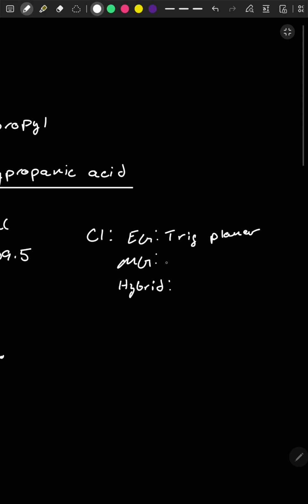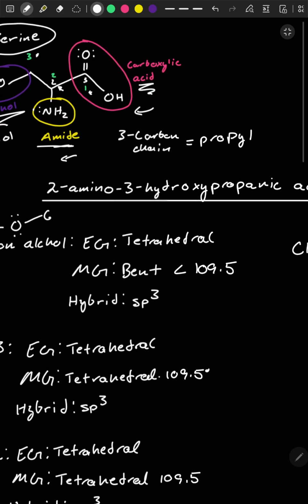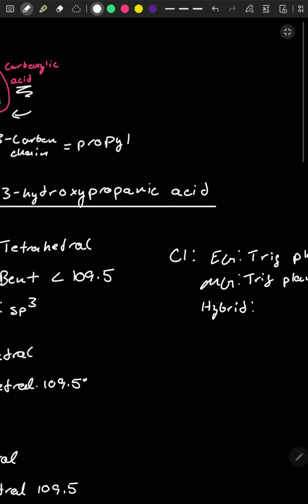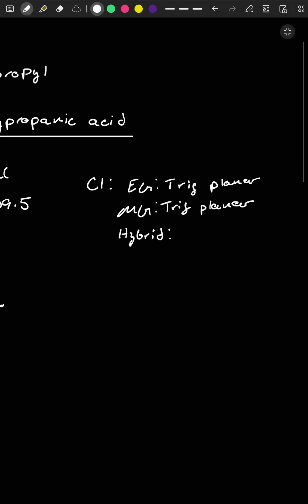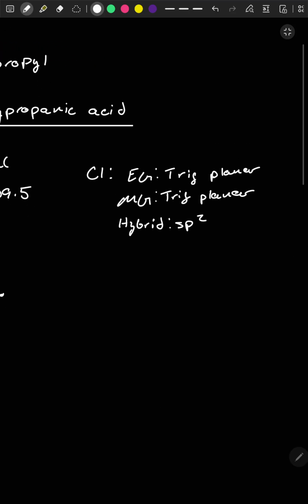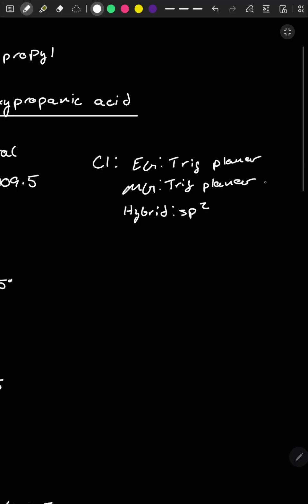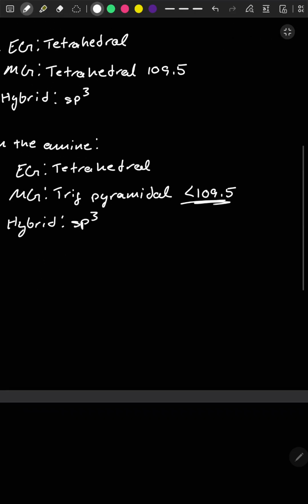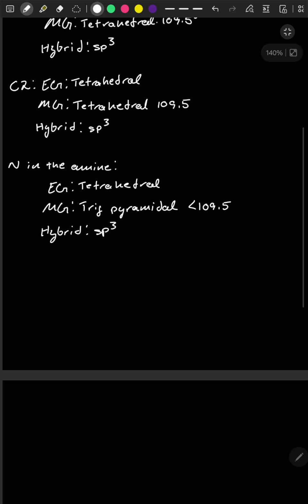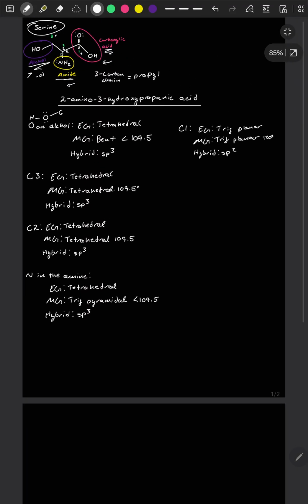And then our molecular geometry is going to be trig planar as well, because we don't have any lone pairs, so it won't be affected. And then our hybridization is going to be sp2. And I forgot to mention that this will be a 120 degree, and this one will actually be a less than 109.5 because we have the lone pair right here.